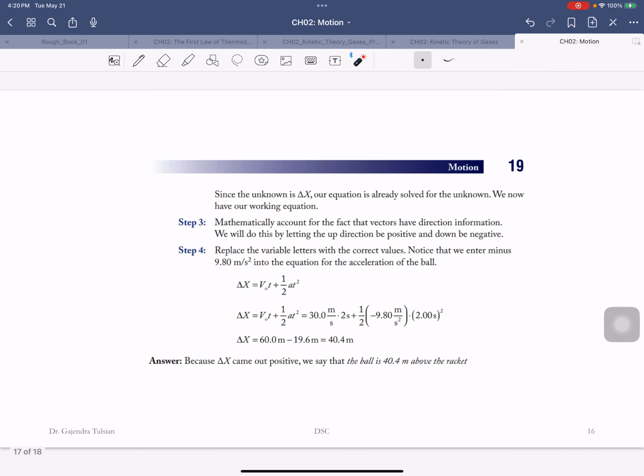So in this problem, the displacement is the initial velocity, 30 meters per second, times the 2 seconds you're traveling, plus 1/2 times the negative acceleration times 2 seconds squared. Okay, so the displacement is 40.4 meters. So the tennis ball will be 40.4 meters up after 2 seconds. That's what this is saying.